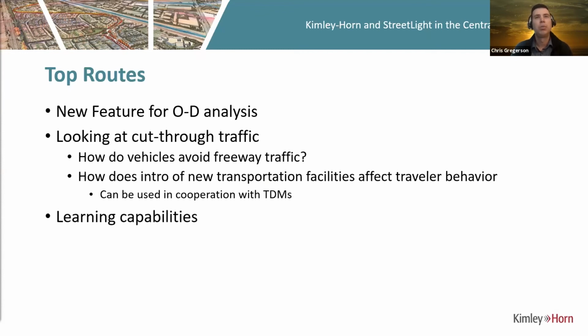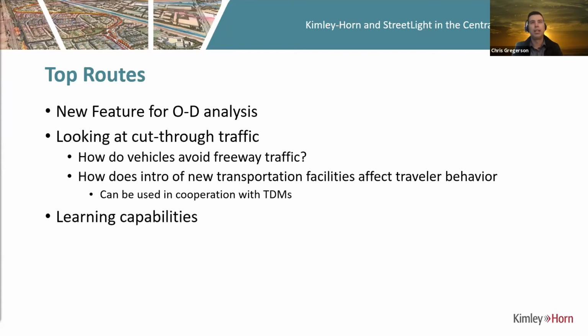When we're in those peak commute periods and vehicles are looking to find alternate routes to avoid some of the most congested spots, what are those routes? And for jurisdictions that are looking to keep vehicles on the freeways and off those local roads, what features can we put there to divert those vehicles, and how will the travel behavior respond to those?